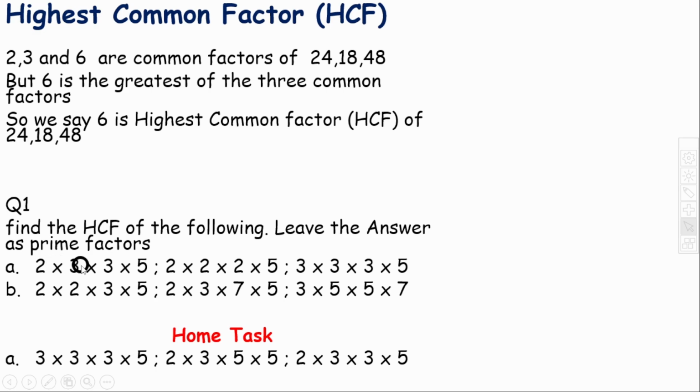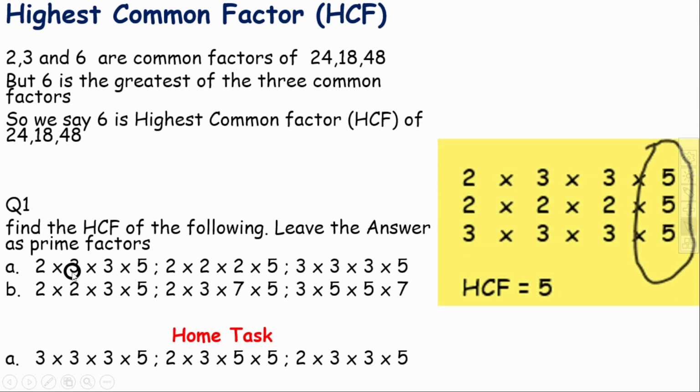So if each number is represented by its prime factors, you can write it in this format and find out the HCF using this method. Now, if we have numbers represented in this format, how can we get the highest common factor?